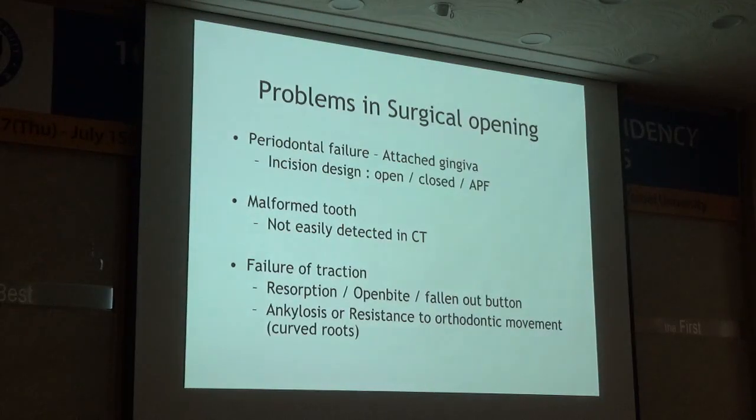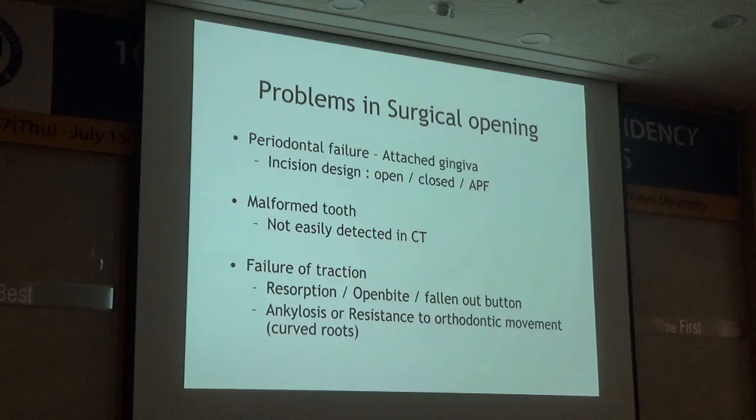But surgical opening does not always succeed. The important difference is the periodontal procedure. When we succeed in changing the position of the infected tooth, there may be very insufficient attached gingiva around the infected tooth.